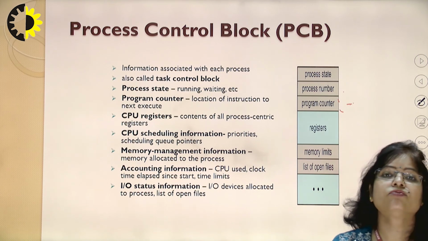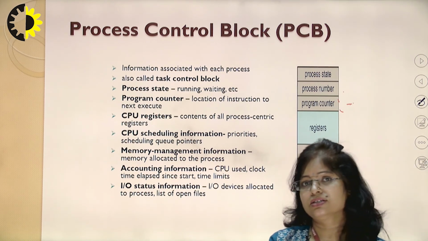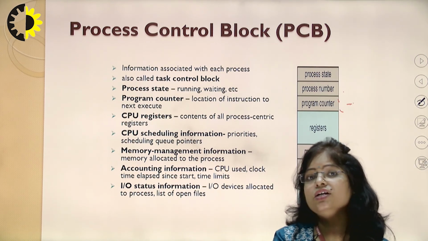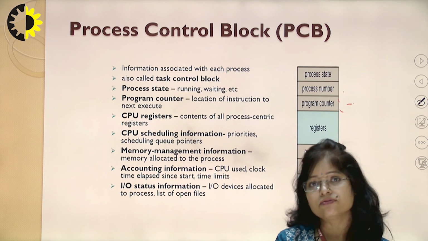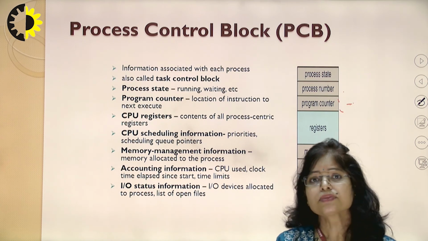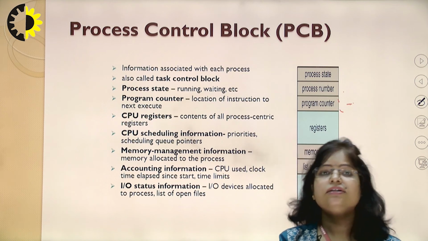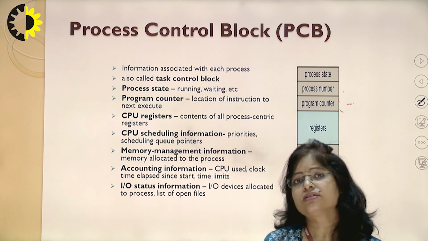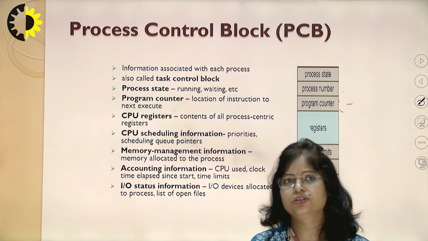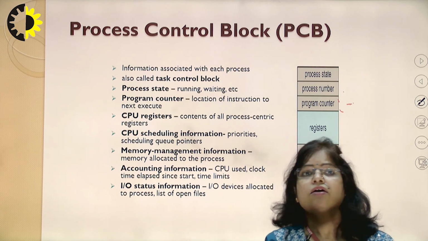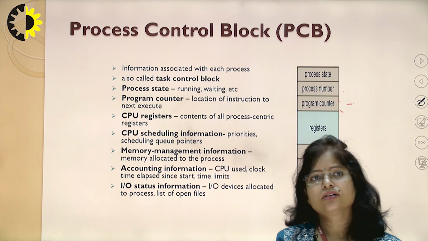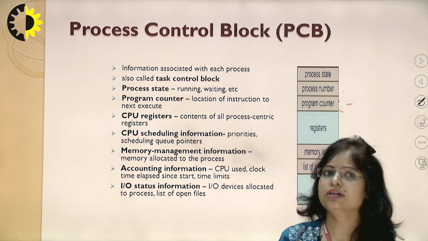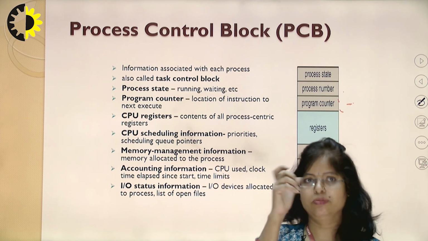CPU scheduling information. Every process works on some scheduling algorithm, whether it is first come first serve, round robin, or shortest job first. Every process must have scheduling information. So which scheduling algorithm the process works on is mentioned in this scheduling information block.